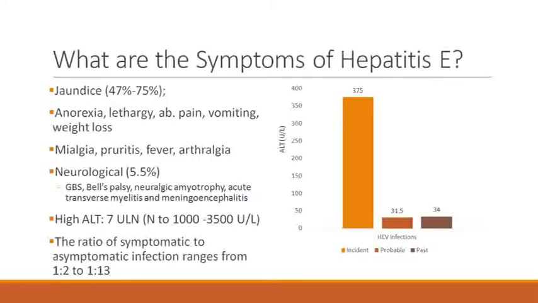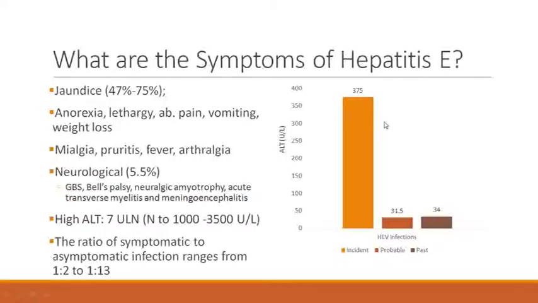On this slide, you can see the results of observation that we did in the United States among people who had laboratory diagnosed hepatitis E and comparable groups that did not have hepatitis E or had hepatitis E in the past.